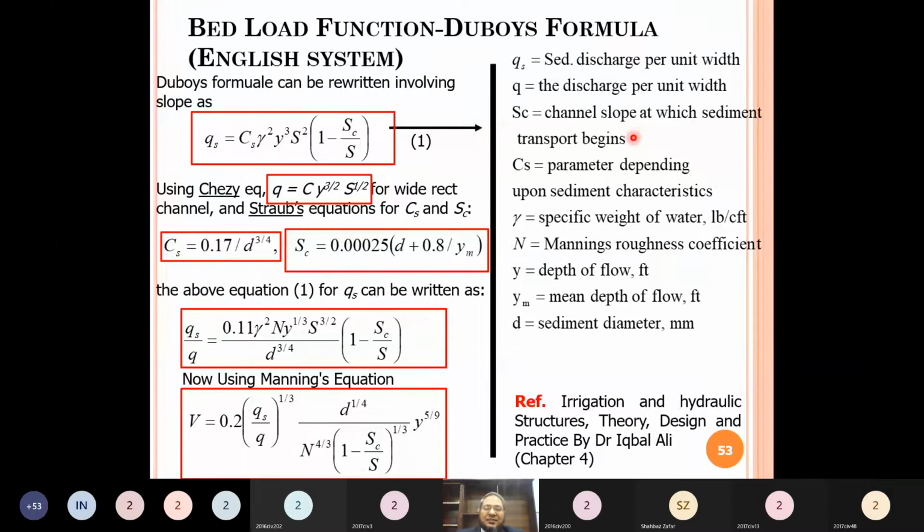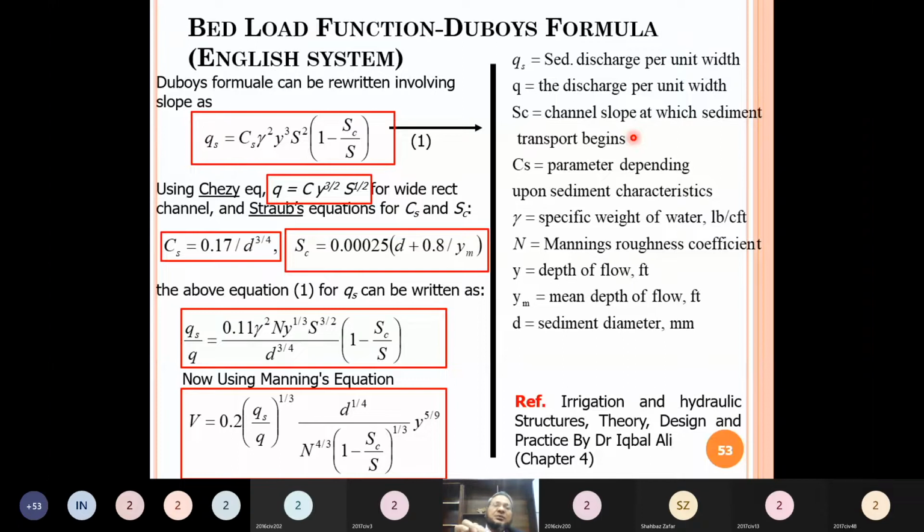If you consider a sediment particle on the bed of the channel, there are some forces which we call opposing forces, which are hydrodynamic forces such as the drag force. They try to move the sediment particle. The second are the resisting forces, that is, the submerged weight of the sediment. That weight resists the movement.